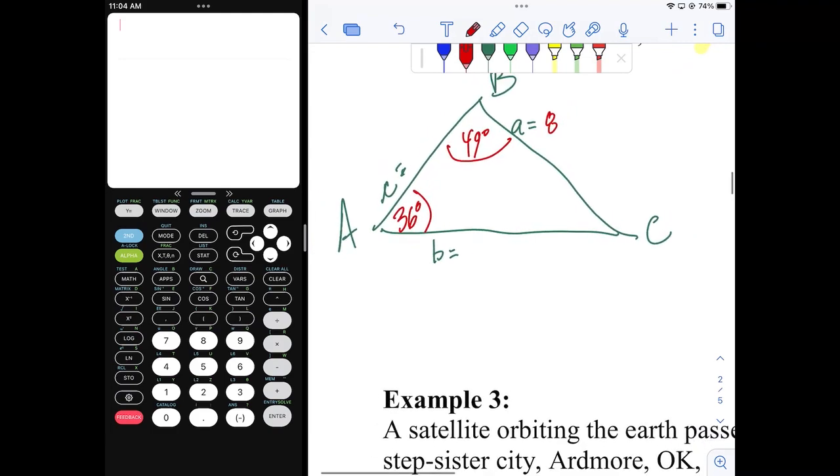So we could say angle C plus 36 degrees plus 49 degrees, make sure you're putting the degree symbol on there, equals 180 degrees. So this is just arithmetic, right? 85 degrees. Angle C plus 85 equals 180 degrees. If I subtract 85, I get 95 degrees.